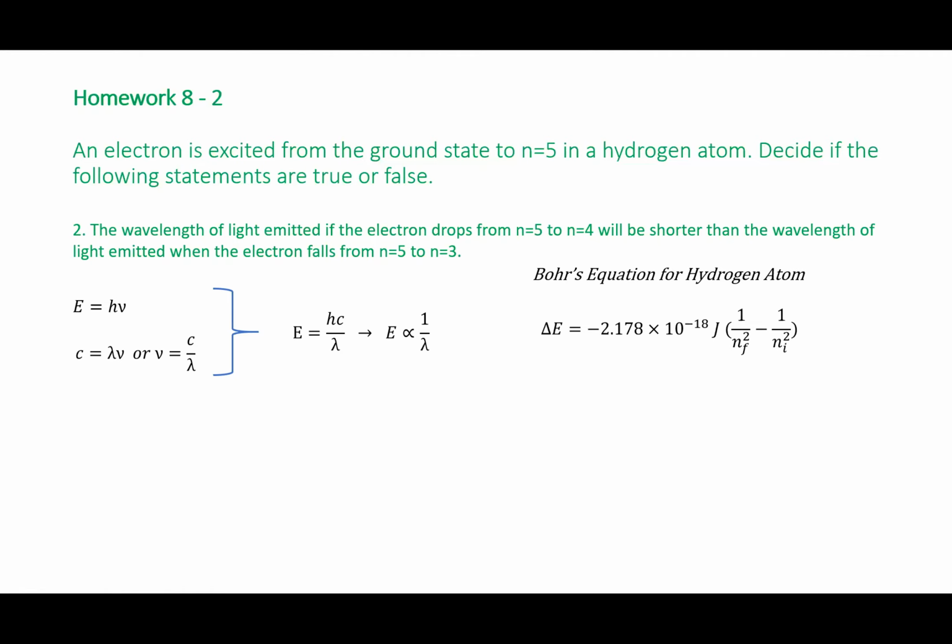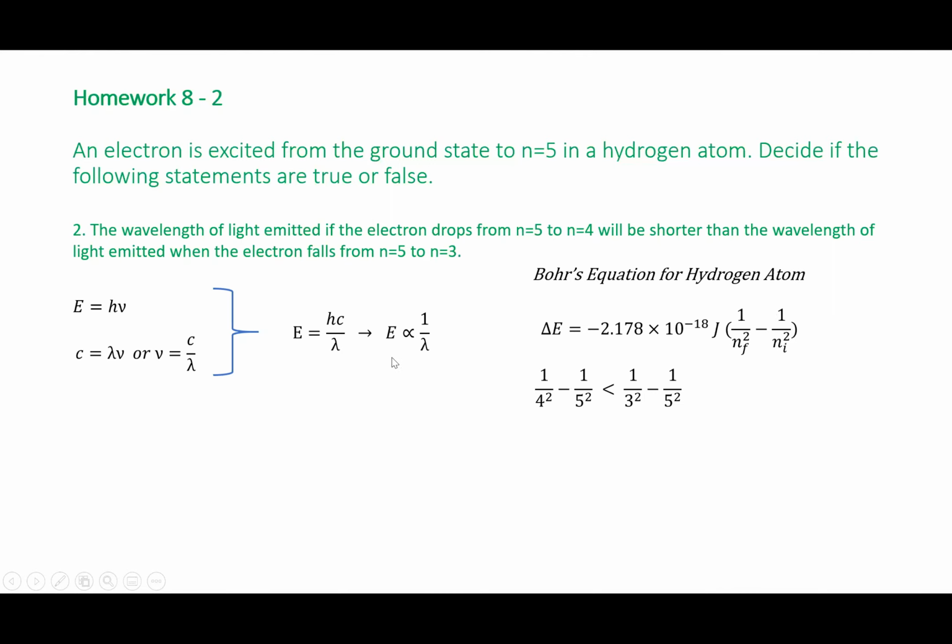Again, looking at the Bohr equation here, you can see that you have your final and initial states, and if we again ignore the constant here and we just compare this term between the two different transition states that we have, we can figure out that the transition from the 5 to 3 state gives you a bigger value than if you transition from the 5 to 4.